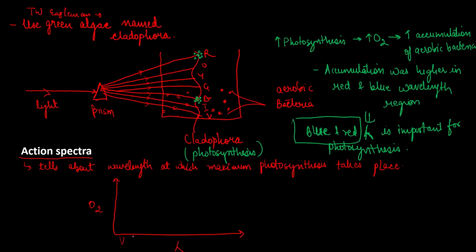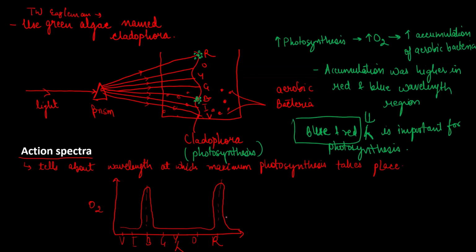So suppose this is V, B, G, Y, O, R, right? These are the wavelengths of different light. When he drew this action spectrum, he observed that the oxygen concentration curve was like this. The oxygen concentration was higher at blue wavelength light and at red wavelength light.